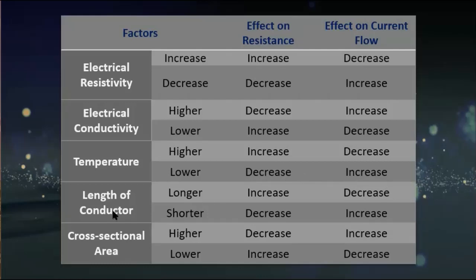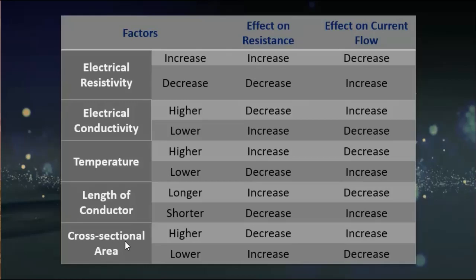Now, length of conductor. Katason sa conductor, the longer the conductor, effects on resistance will increase, and effects on current flow will decrease. The shorter the conductor, the effects on resistance will decrease, and it will increase the effect on current flow. Lastly, the cross-sectional area.